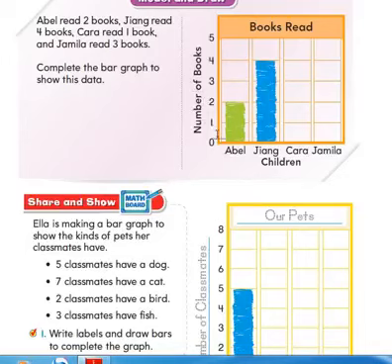So the greatest number here is 4. So our scale should end at a number greater than 4. We can notice here that we started from 0, then 1, 2, 3, 4, and it ends at 5.